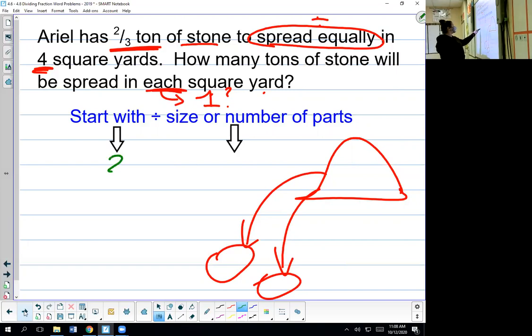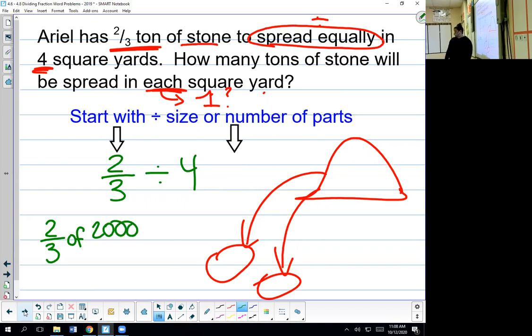Okay, so you should have started out with the stone, right? And then we're going to spread it equally among the 4 yards. Because if you think about it, I have a lot of stone. I know it looks like a small amount, but it's really a lot of stone. By the way, 2/3 of 2,000 pounds, right? The 2,000 pounds is a ton.